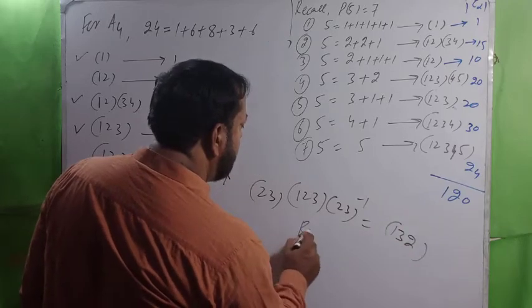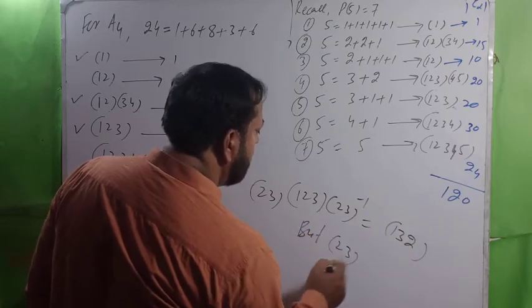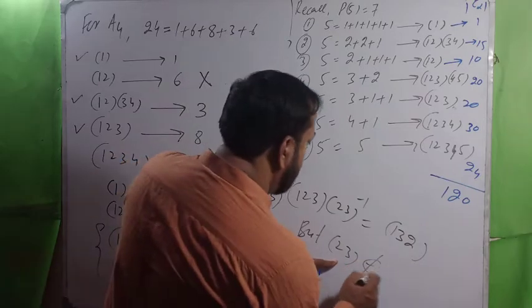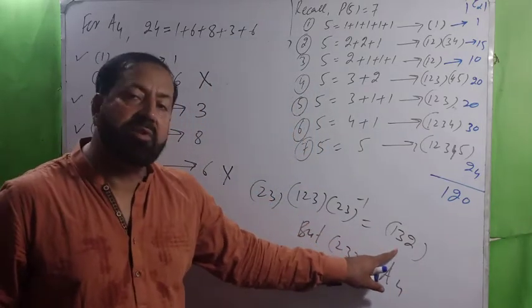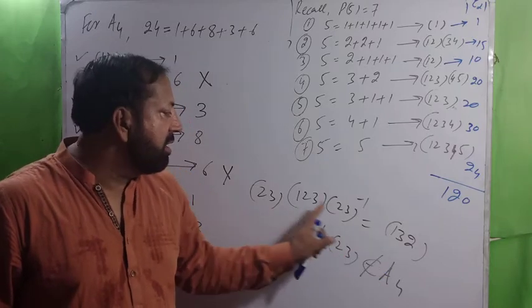But remember, (2 3) is odd, so it does not belong to A4. That's why (1 2 3) is not conjugate to (1 3 2). Right? They are not conjugate.